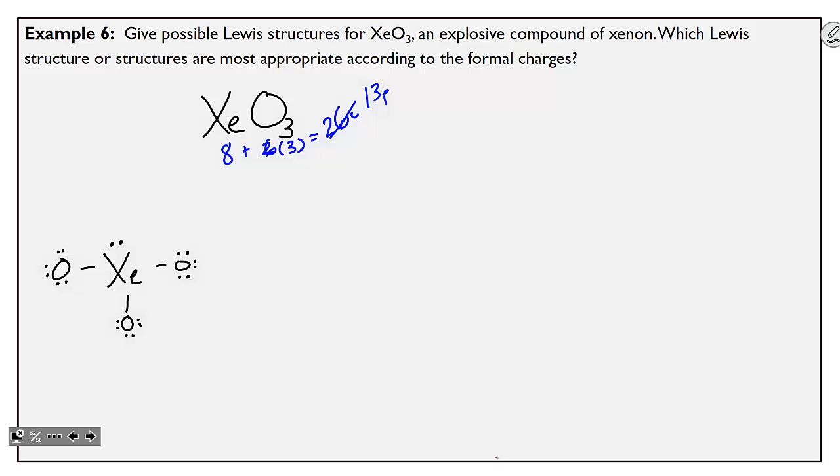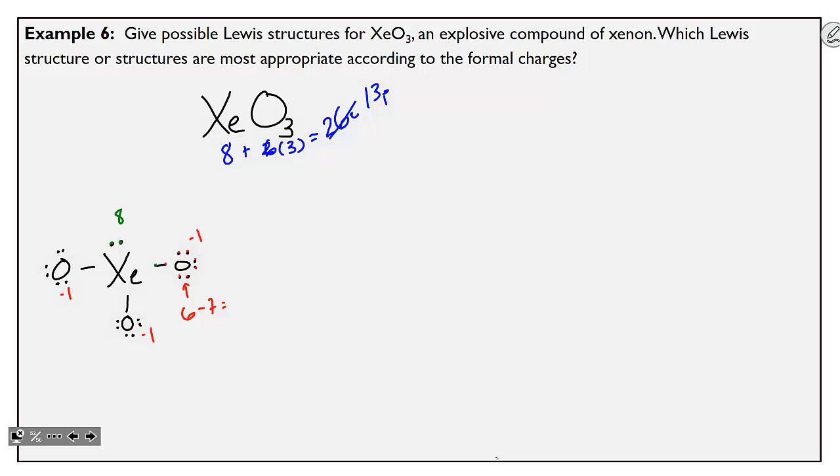However, if we look at the formal charges, each oxygen in column 16, 6 valence electrons, has 7 electrons around it, so each oxygen is a -1 for its formal charge. Xenon in column 18 has 8 valence electrons.